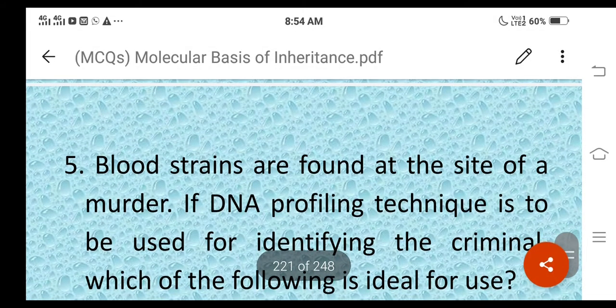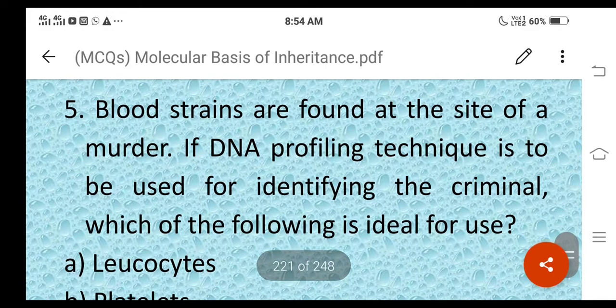Then next, question number 5. Blood stains are found at the site of a murder. If the DNA profiling technique is to be used for identifying the criminal, which of the following is ideal for use?